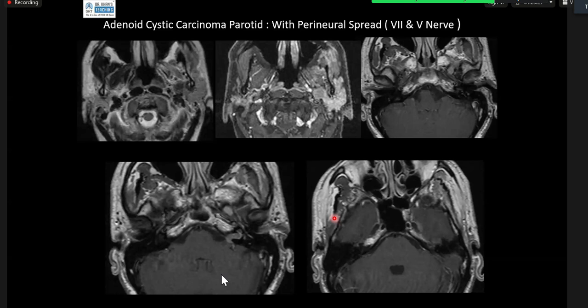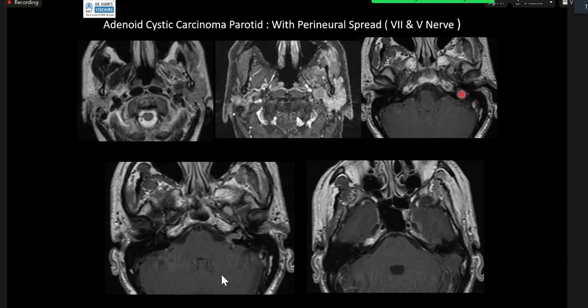In this case, from the deep lobe of the parotid, there was an adenoid cystic carcinoma sitting there. And these scans were brain scans. Actually, they are not classical high resolution fat saturated for temporal bone. But here you can actually see, if you look carefully, this dot where I am pointing out.